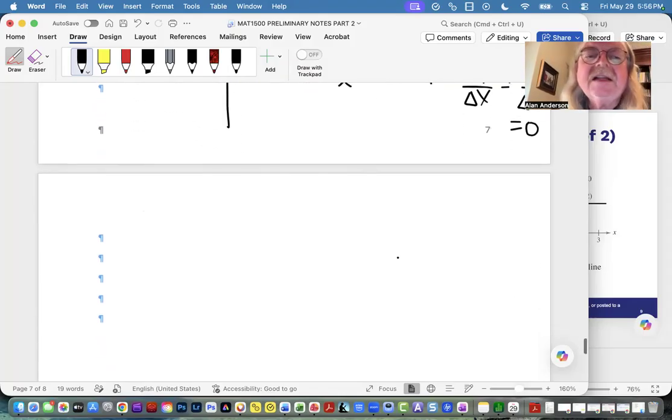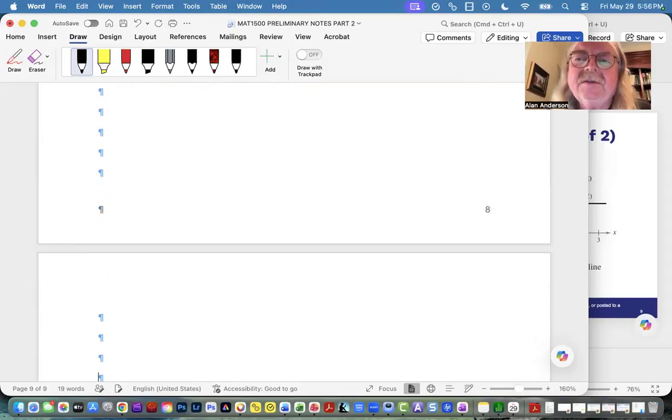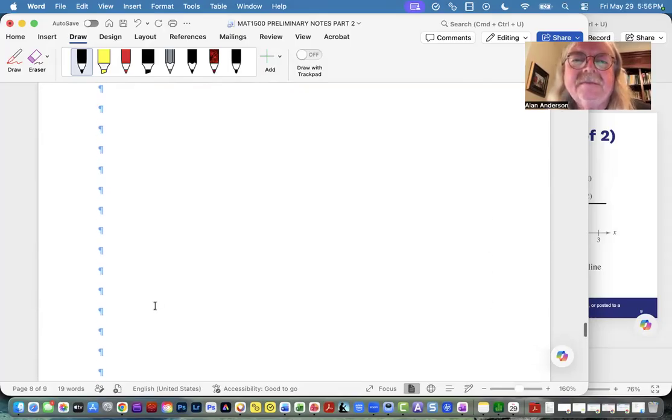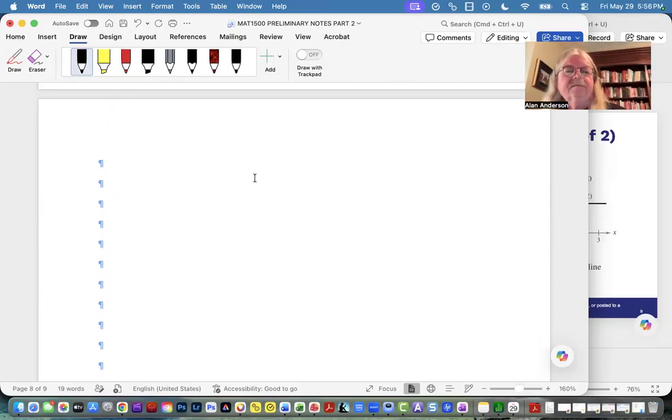Now, contrast this with something like this. It's easy to get this one confused. The other extreme case that you might run into is a vertical line. Well, that one's very confusing.